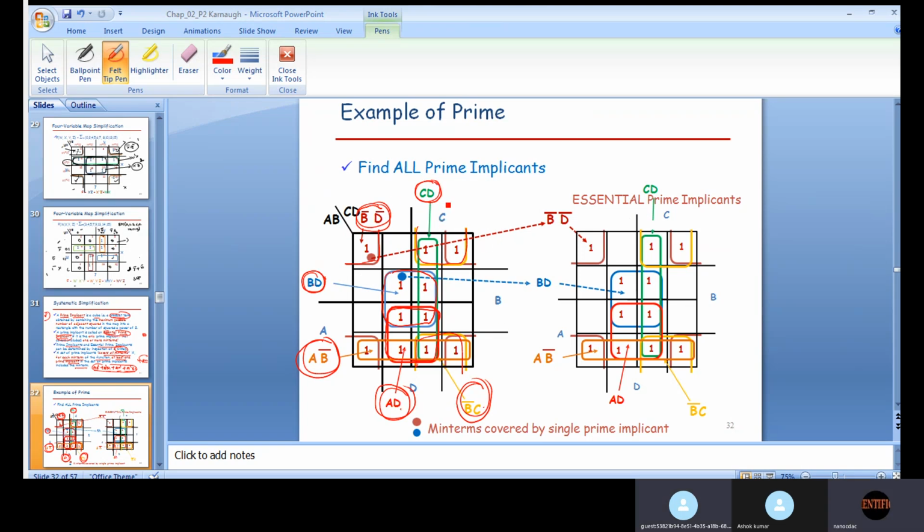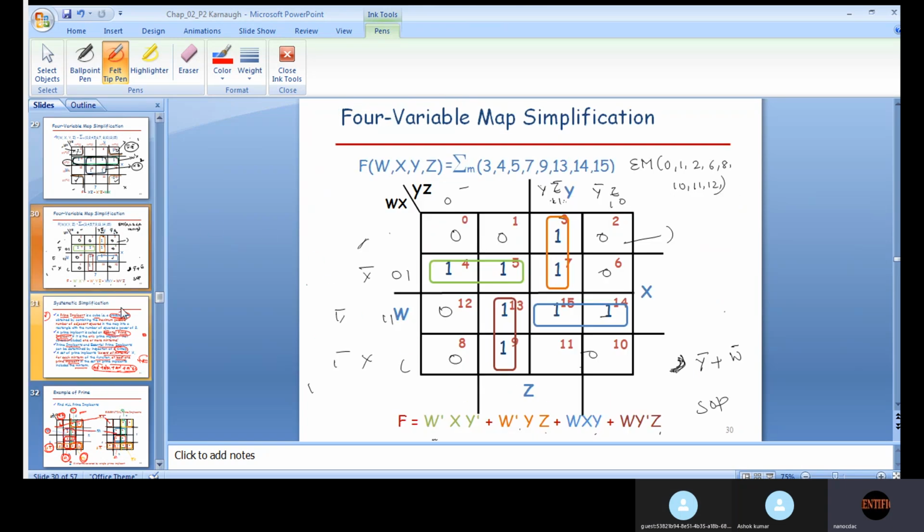So all these are prime implicants. The essential prime implicants are: B bar D bar is the essential prime implicant, and BD is also an essential prime implicant. See, the dot is placed here; these are the essential prime implicants. Why are they called essential prime implicants?